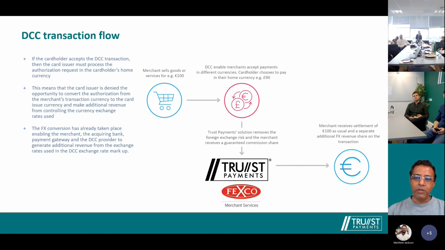Either way, the merchant who's priced in 100 euros will receive 100 euros. But the customer at the point of checkout will have agreed to pay 90 sterling, so when they get their credit card statement at the end of the month, it will say 90 sterling. There's no uncertainty as to how much sterling that 100 euros converted into.